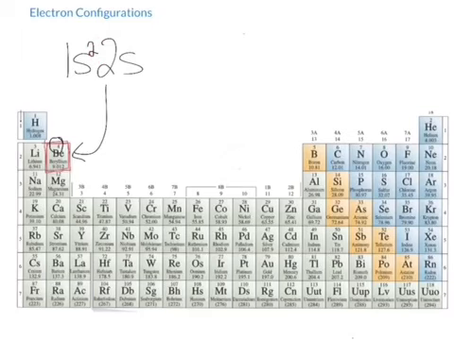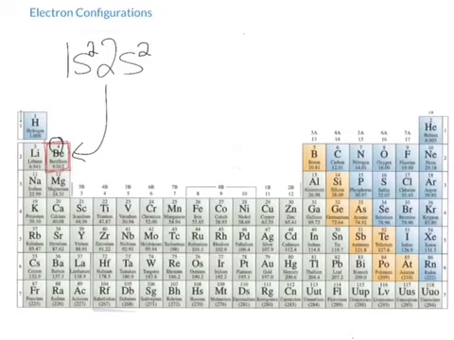So the 2 more electrons needed somewhere to go, and they go into the next principal energy level, which is the 2s. So we can write 2s2 here to indicate that we have 2 more electrons in the s subshell in the second principal energy level.